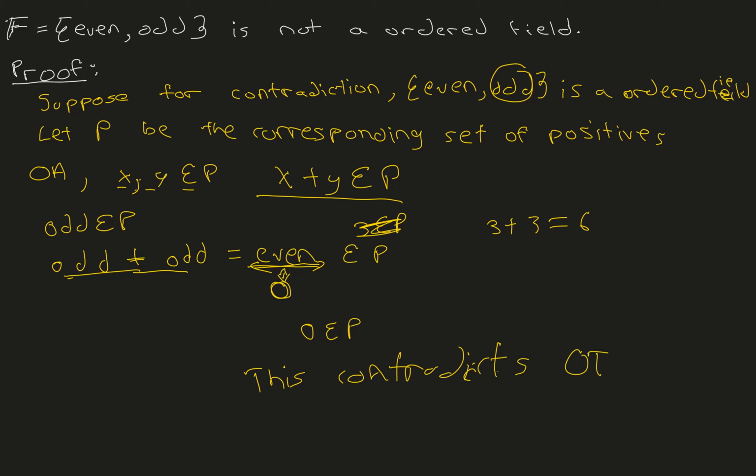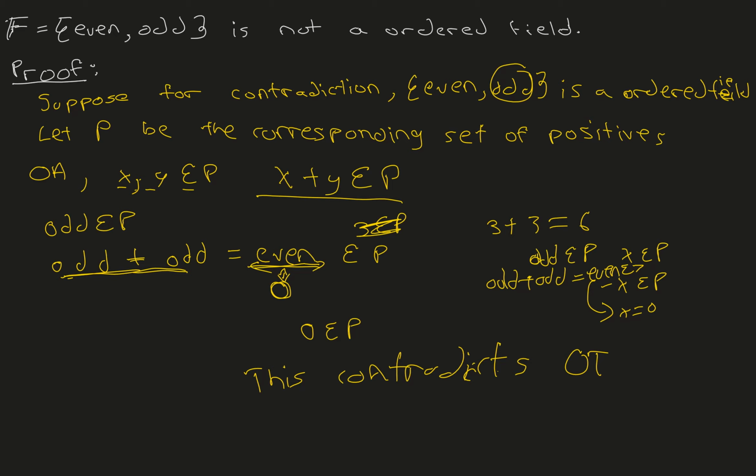OT. OT basically told us that either x is in P, or negative x is in P, or x is 0. But this shows us that odd is in P, and odd plus odd, which is even, is in P, but even is 0 too. Even is 0.